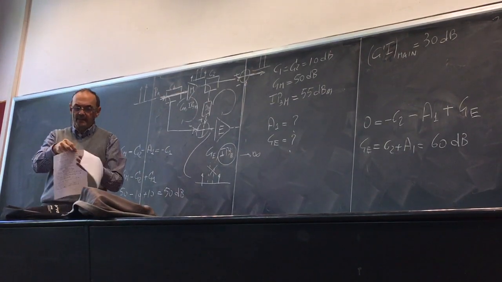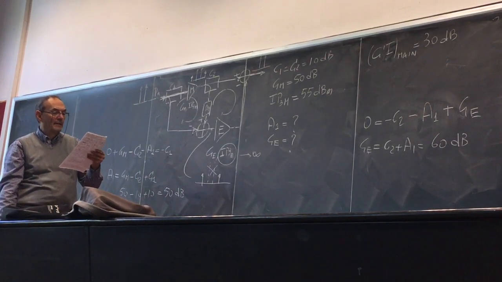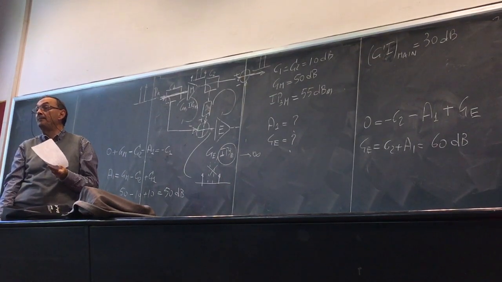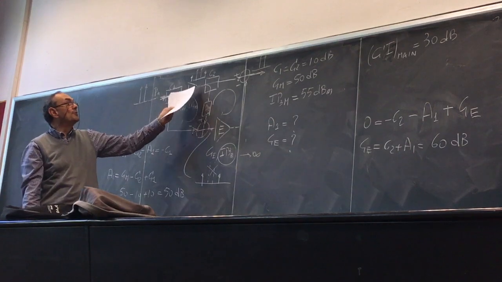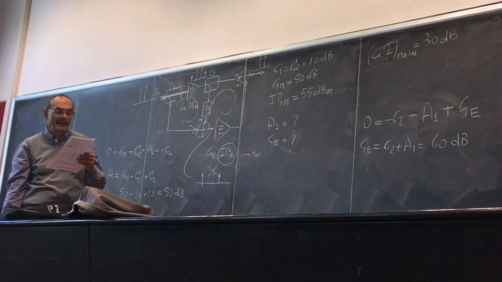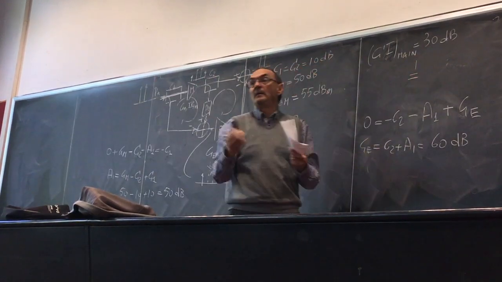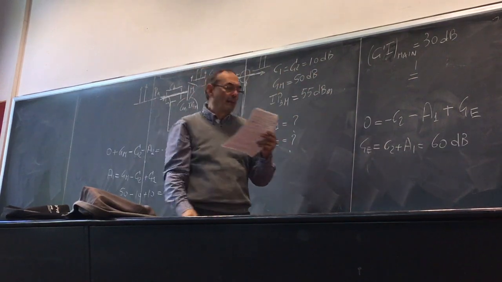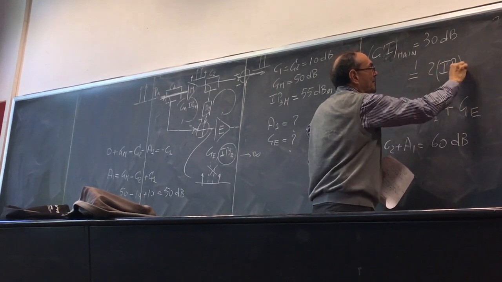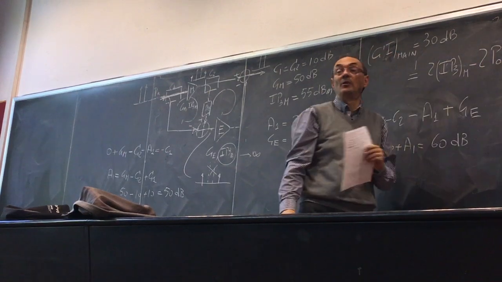Now, let's see in what way we can solve this problem. First of all, let's see what is the power at the output of the main amplifier. In order to obtain this, we need to know the power of the signal and the power of the distortion at the output of the main amplifier. We know that the carrier to intermodulation in the two-tone test is equal to 2 IP3 of the main amplifier, obviously, minus 2 times the power per tone.